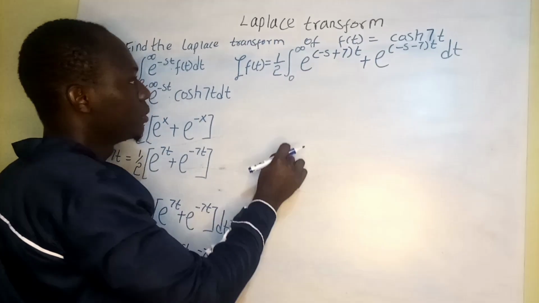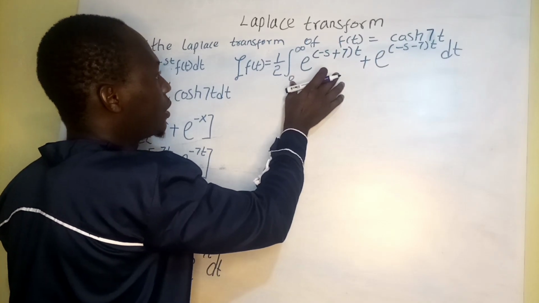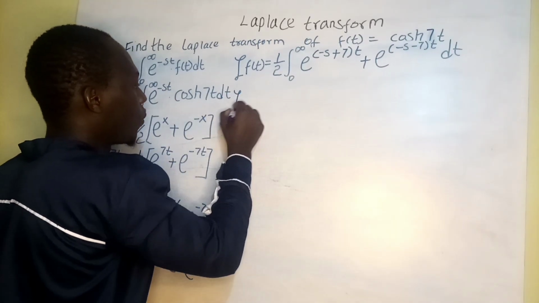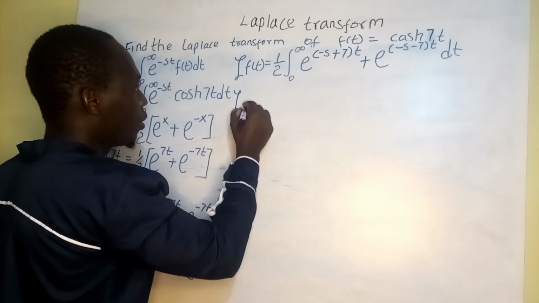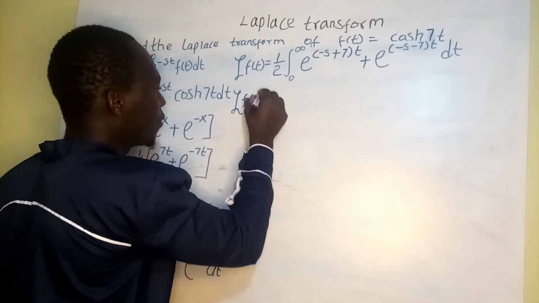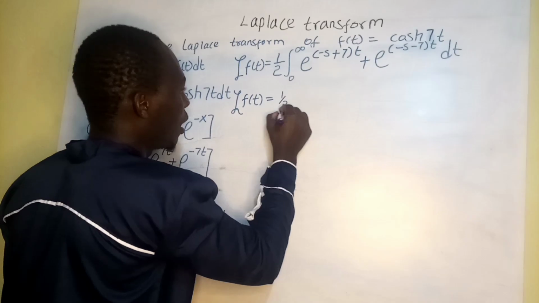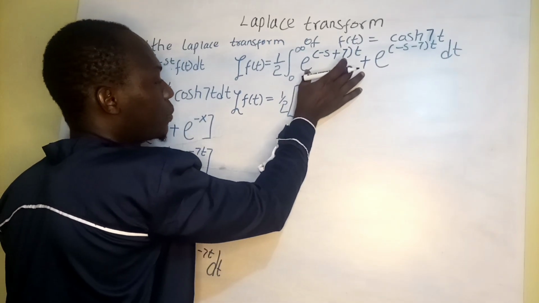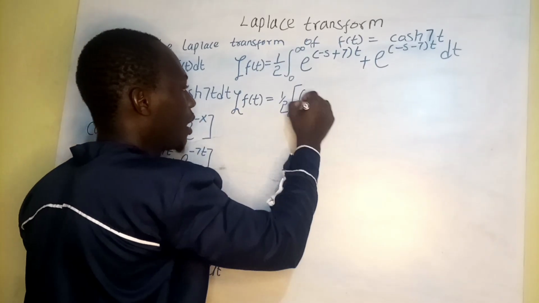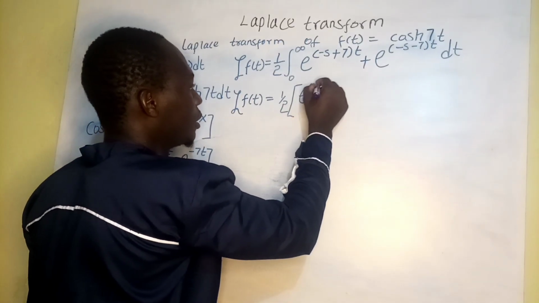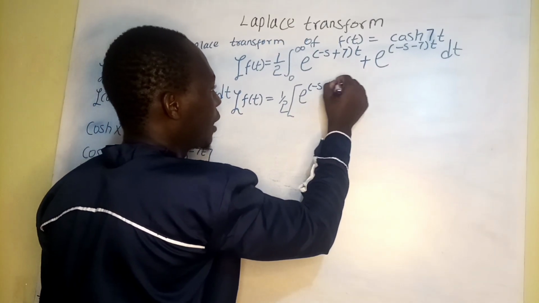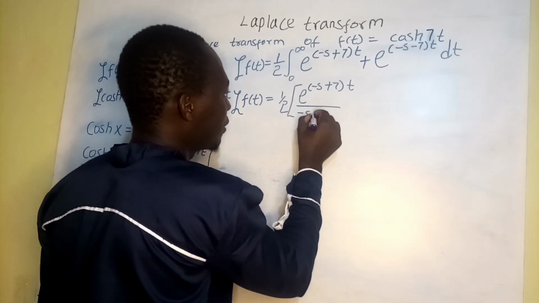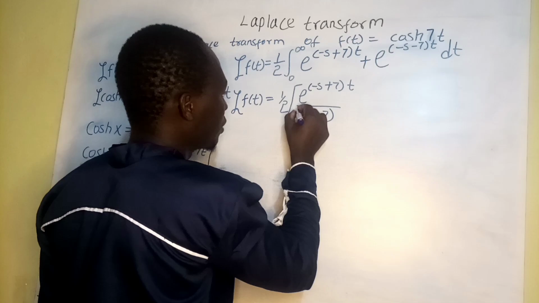Let us now do away with the integral sign, whereby we are going to have the Laplace transform of our function f of t equal to a half into, when we integrate whatever we are having here, exponential negative s plus 7 t all over negative s plus 7.